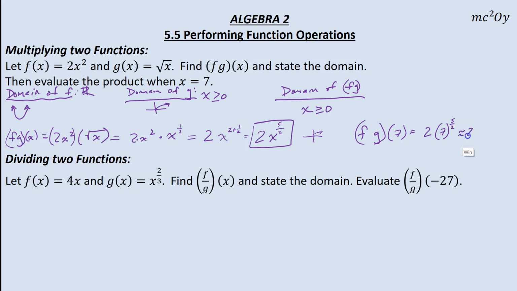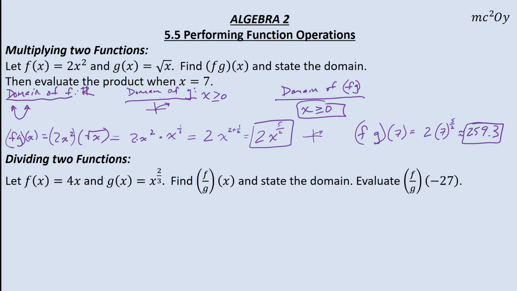It's approximately 259.3. That means that when we substitute 7 in for x, we get that out. So the x value of 7 gives us 259.3 on the y-axis. Yowzers. All right, so we've got our domain, our simplified function, and our evaluation. So let's divide them, and then we'll be done with this piece here.